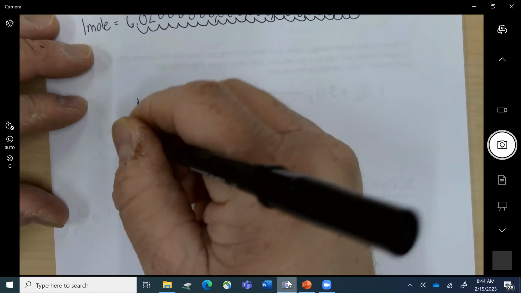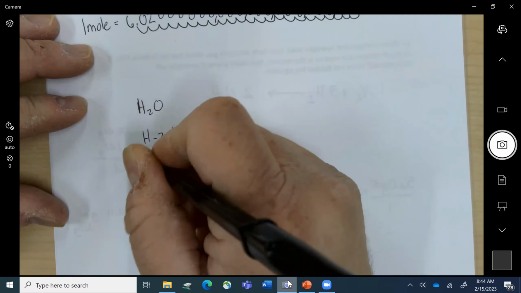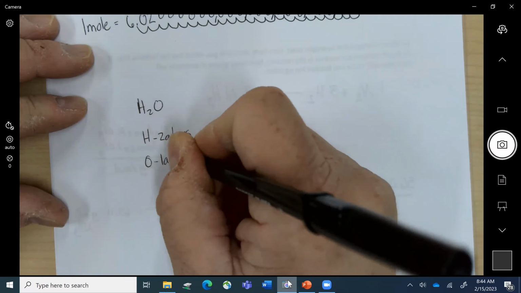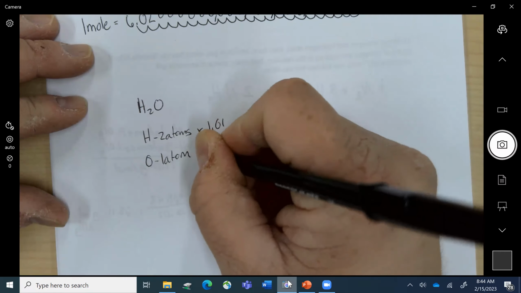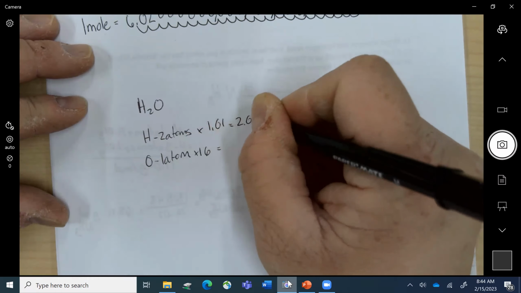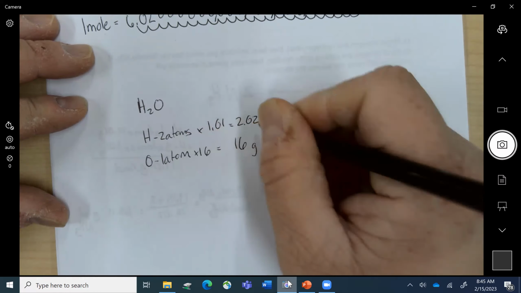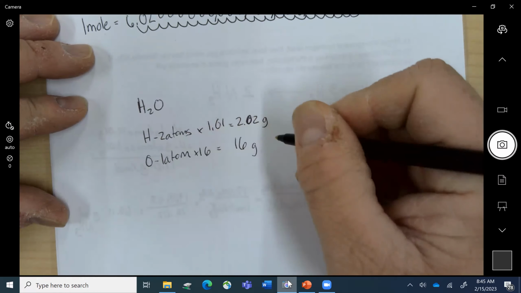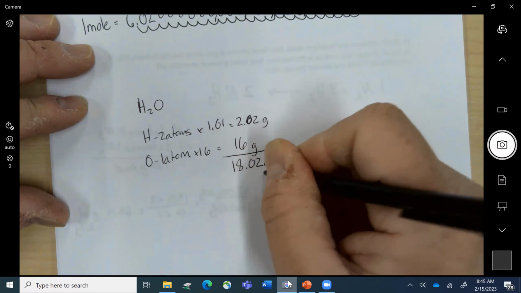Water was H2O. H has 2 atoms, oxygen is 1 atom. Times 1.01, times 16. We got 2.02 grams and 16 grams. And then if you remember, water weighed 18.02 grams.